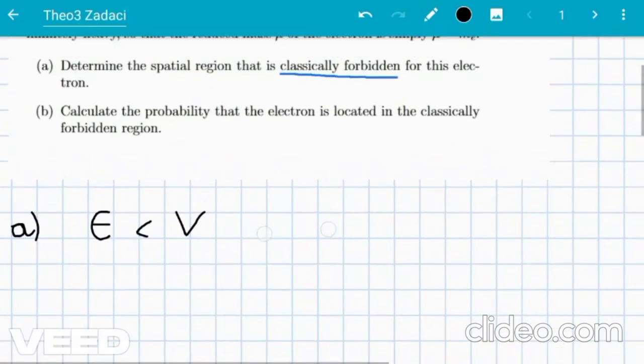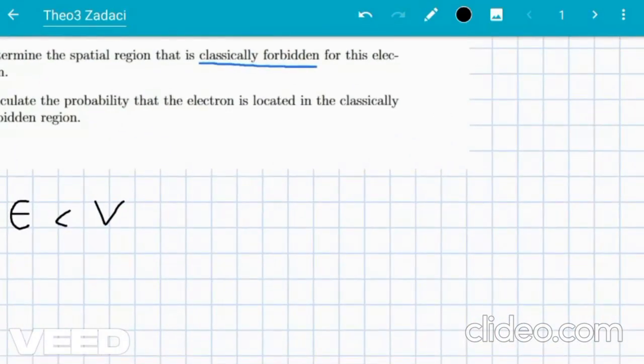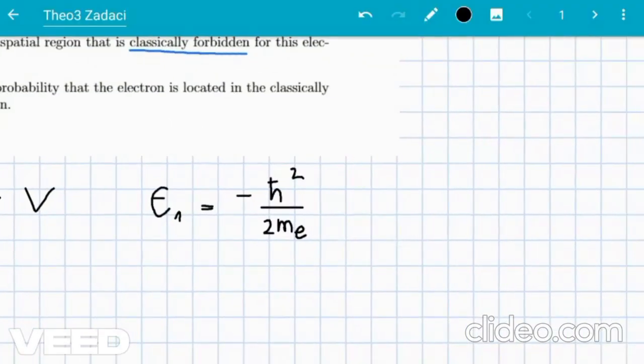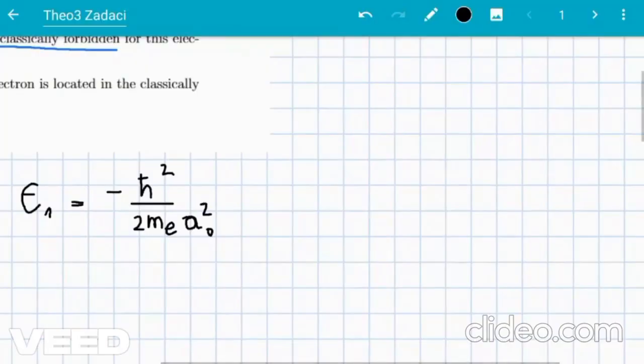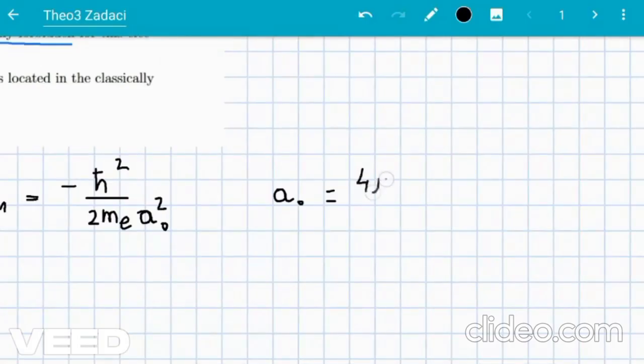Since the electron is in the ground state, we already know that E1 is equal to minus h bar squared over 2 m_e a naught squared. That a naught is just the Bohr radius, a constant, given by 4 pi epsilon naught h bar squared over m_e e squared.